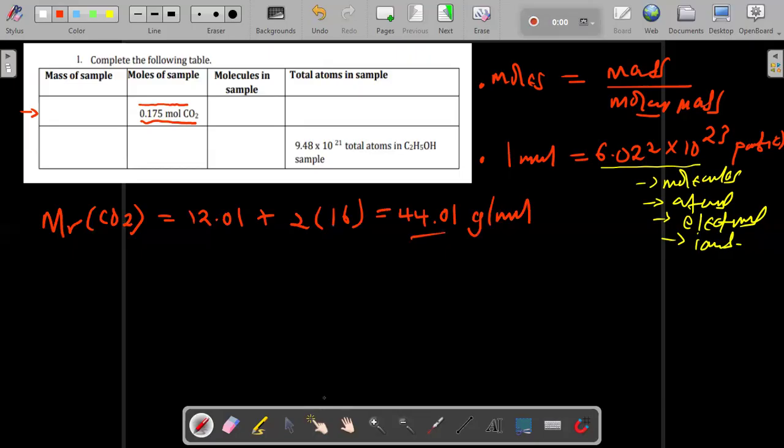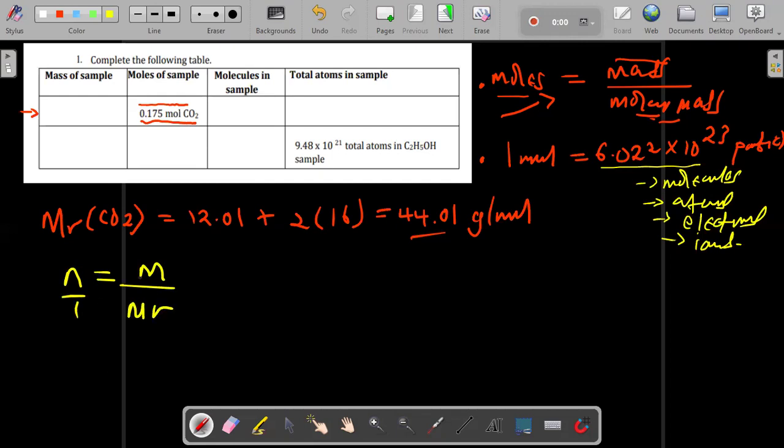Once you get your molar mass, from the formula I wrote up here, we can find the mass, since now we have the moles and the molar mass. So if I make mass the subject of the formula, first let me write the normal formula: moles, indicated by n, is equal to the mass divided by the molar mass.